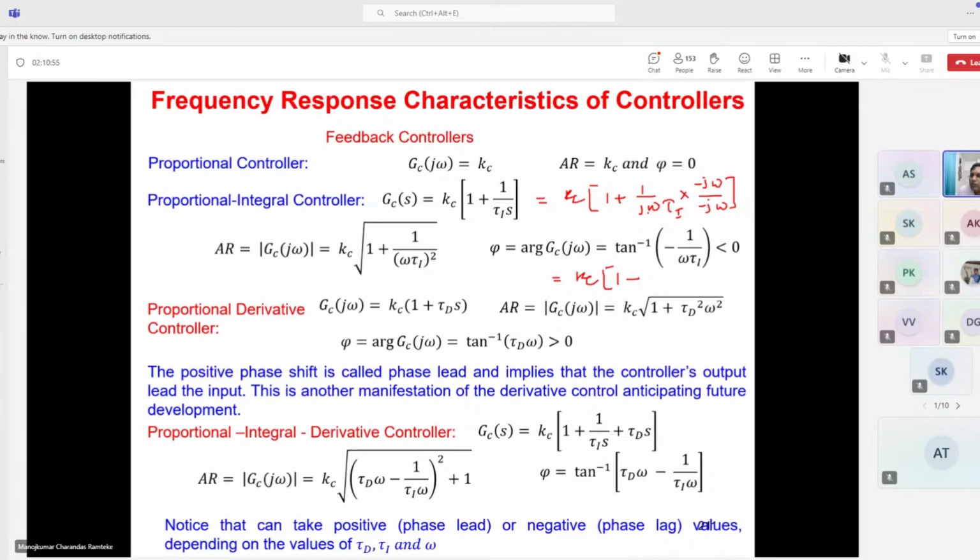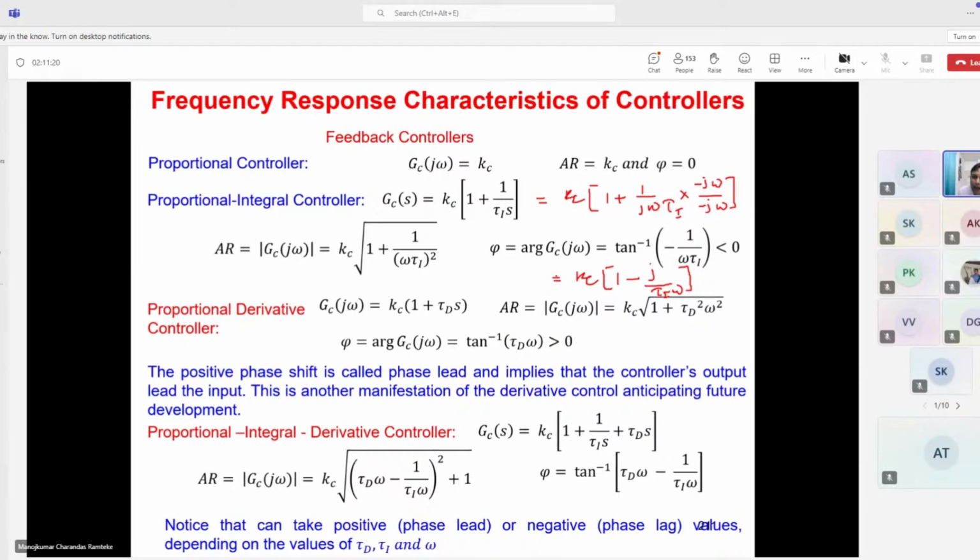That minus of j square will be minus 1, so plus. The omega in the numerator cancels one omega, so what we are going to have is minus j divided by tau I into omega. This is the term I'm going to get, isn't it?